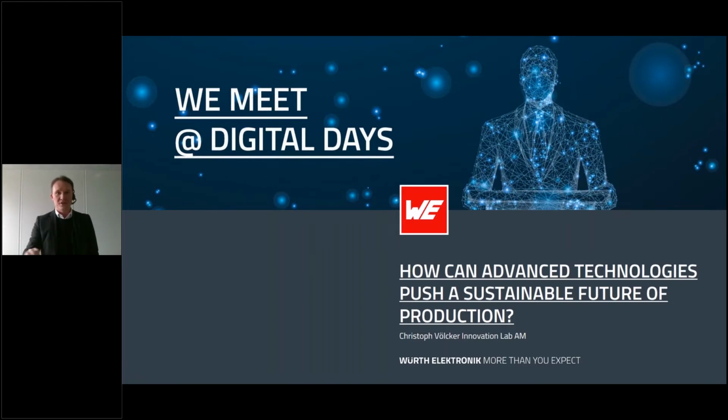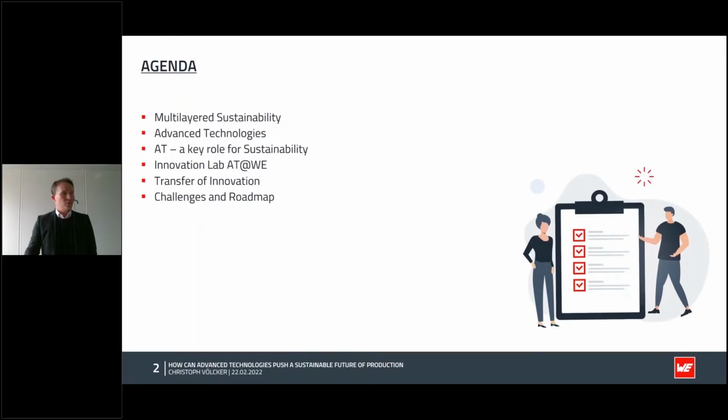I want to show you shortly an agenda, which topics we're going to focus on today. Let's talk about sustainability itself. It's about a big picture, and we want to downscale it to technologies and to electronic devices later on. We want to talk about advanced technologies. What do you think is advanced technology in your mind? Is it a key role for sustainability?